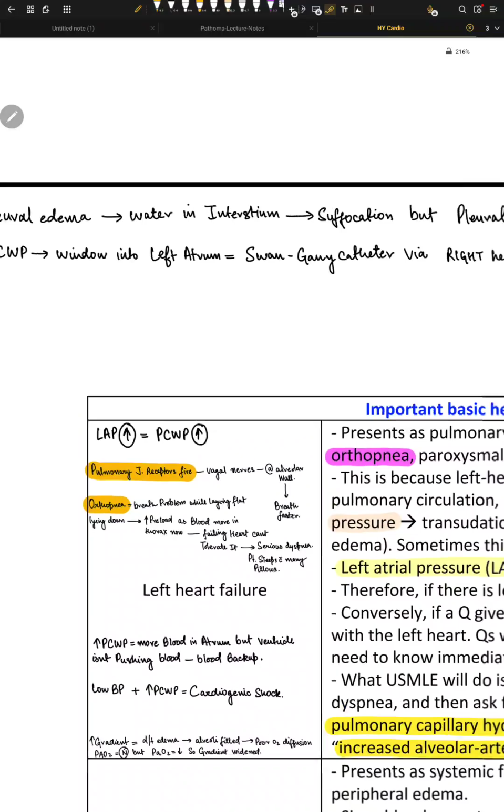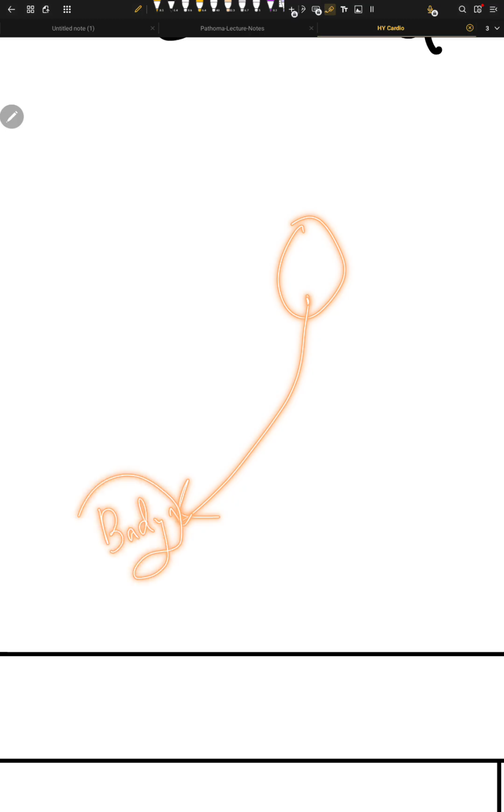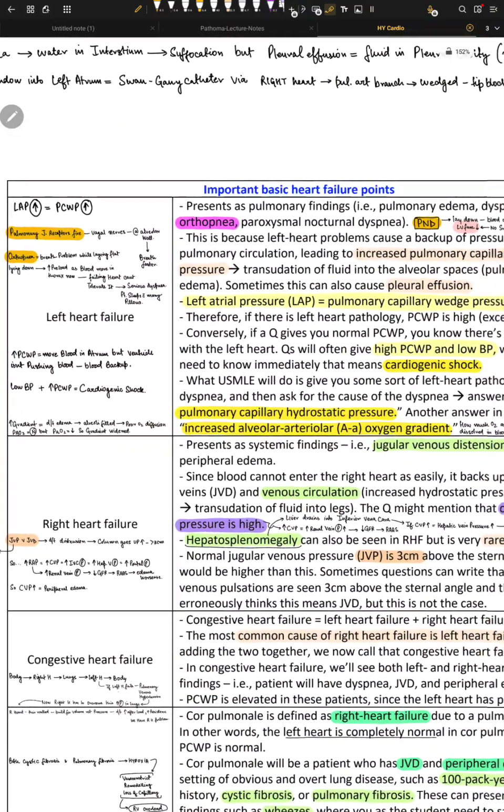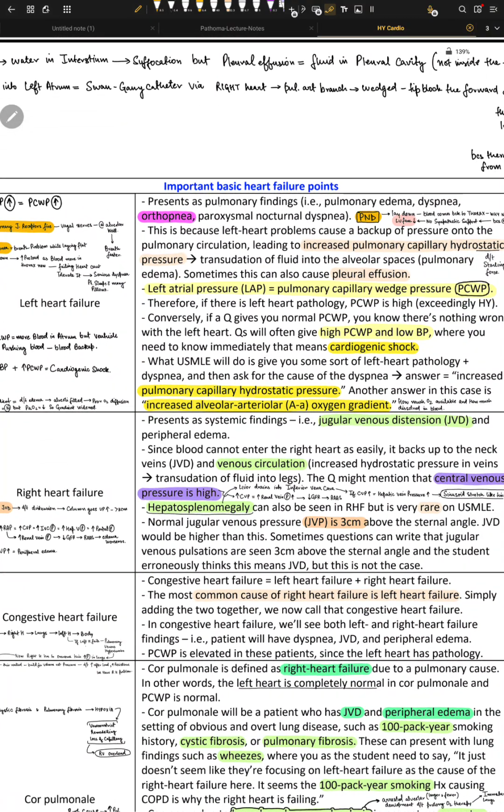So if we have problems in the left heart, if the left heart is not able to push the blood to the body, then we have left heart failure. That's the idea here. So let's read it. It presents with pulmonary findings, which means lung problems. Pulmonary edema means we have fluid leaking from the capillaries into the interstitial fluid.